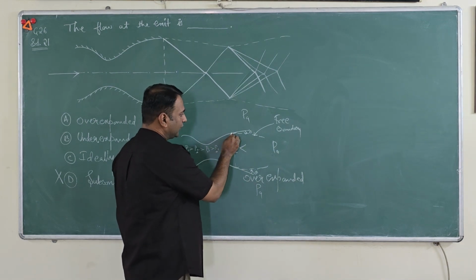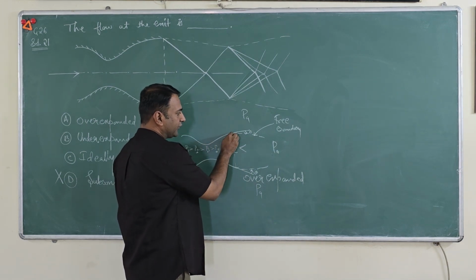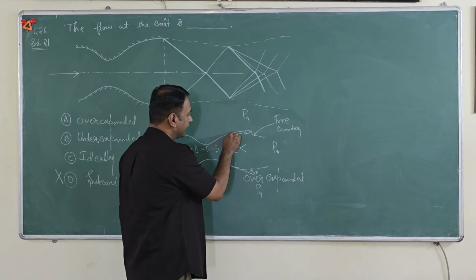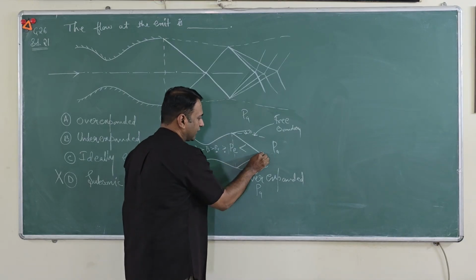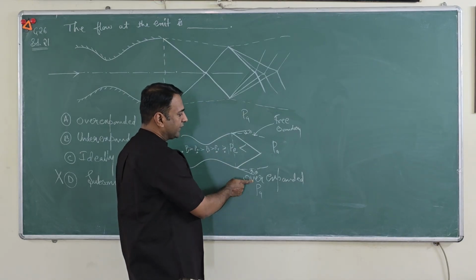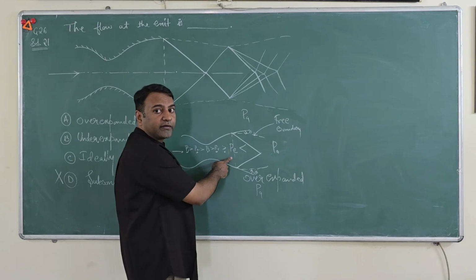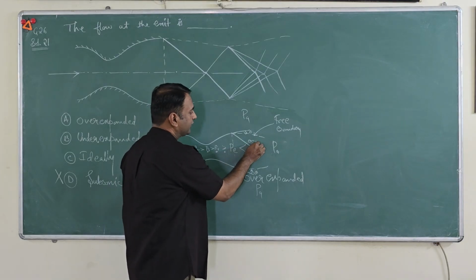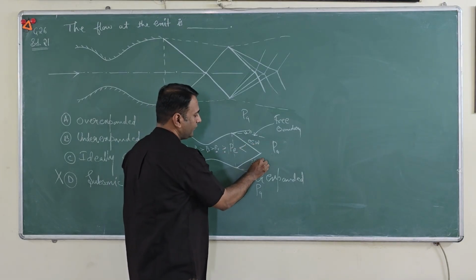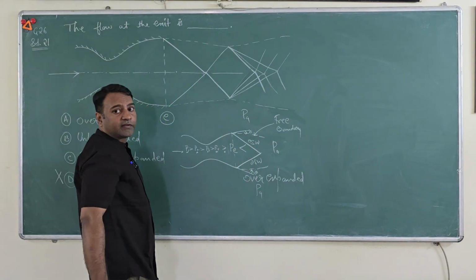So the supersonic flow is forced to turn into itself, giving rise to an oblique shock formation. Always remember, in an overexpanded flow at the exit plane, you will have oblique shock waves, which is the case here.